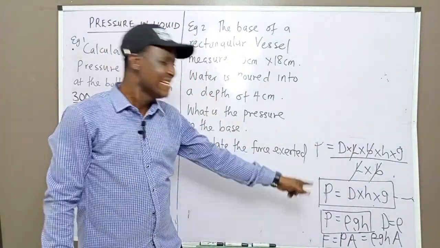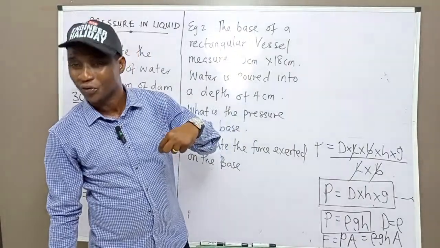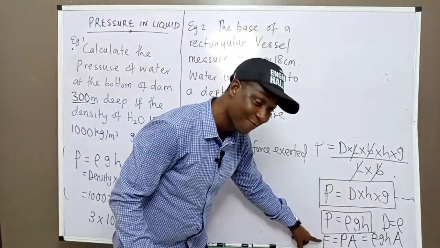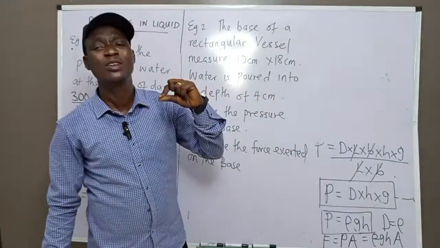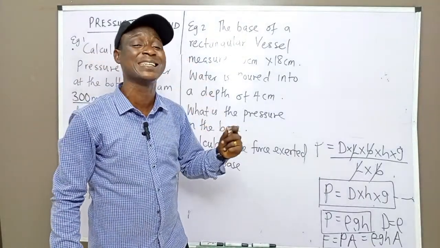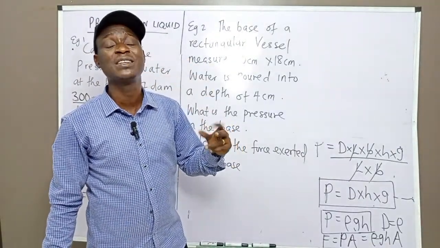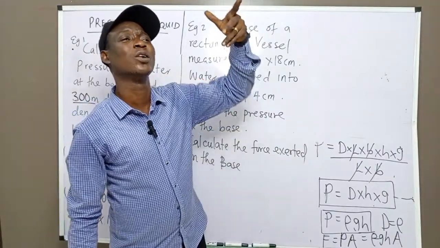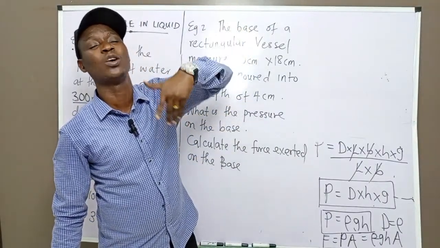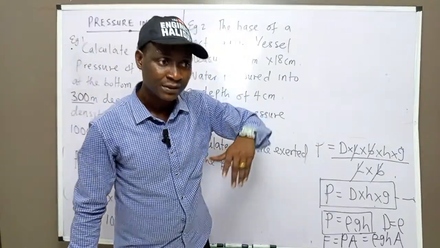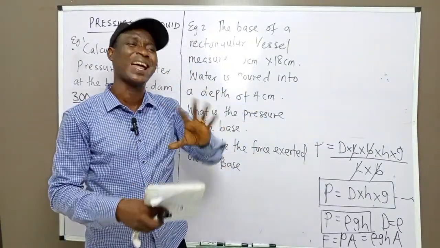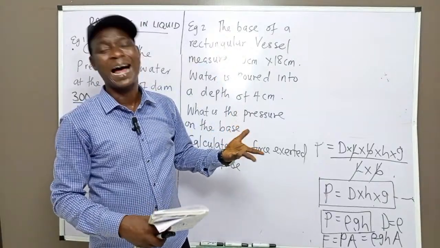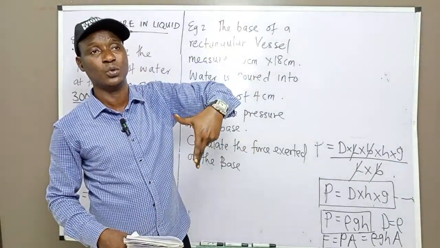Recall, the force here is a gravitational force. The force involved here is not just ordinary force, but a gravitational force. What is a gravitational force? It is a force that acts on a body and tends to act in the direction of gravity. It is the force that acts on the body and tends to push it down to the earth.